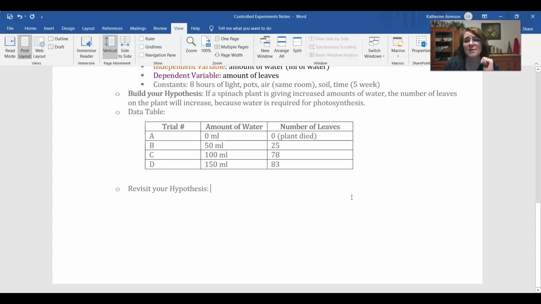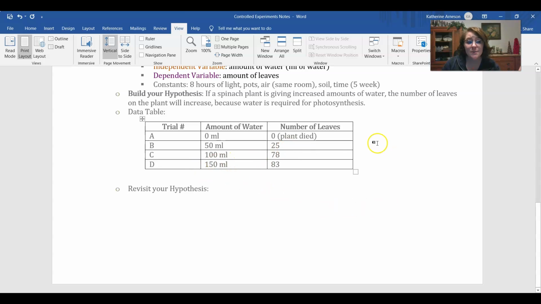So here's one last thing to write down for this set of notes. Sometimes the data is inconclusive if there is experimental error.